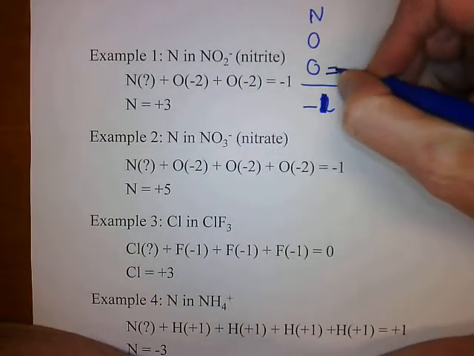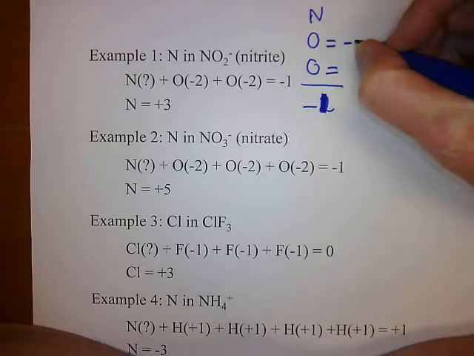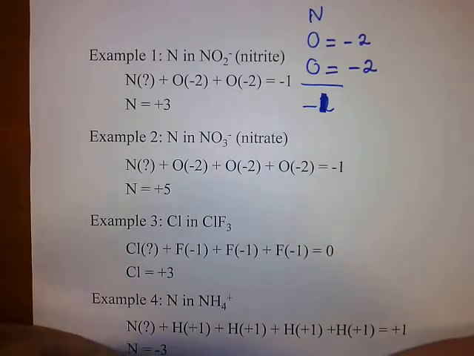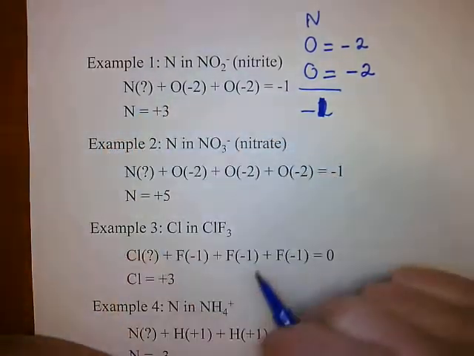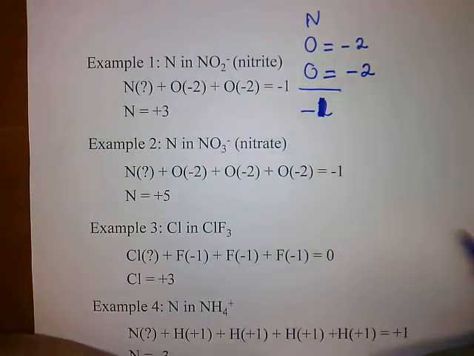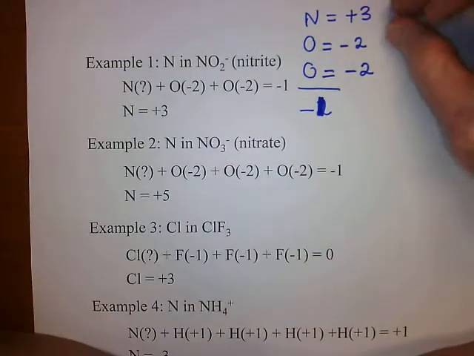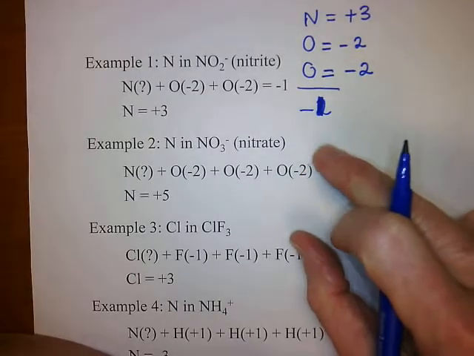So if each oxygen is minus 2, what's the nitrogen going to have to be to make all that add up to minus 1? You know you're dealing with nitrogen plus 3. Plus 3 minus 4 is minus 1.